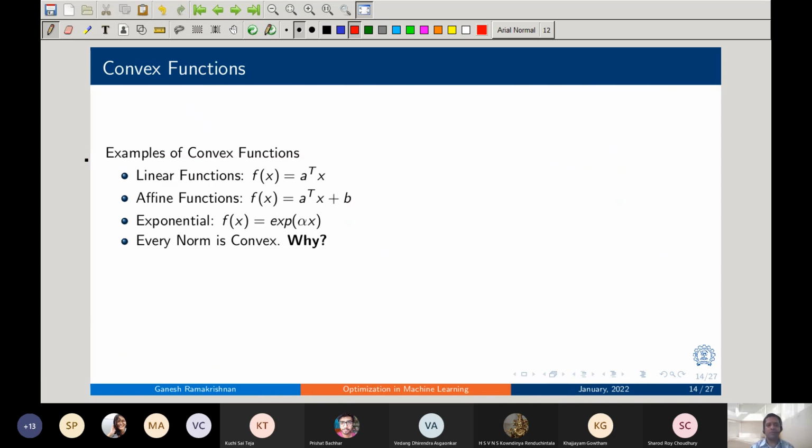Okay, so here are examples of convex functions. Linear functions, the simplest example, A transpose x. Affine functions, you can easily show that they are also convex, and that's again by definition. So many of these just follow from definitions.